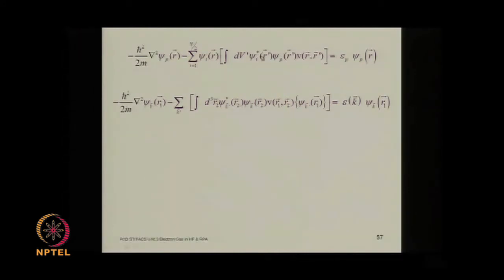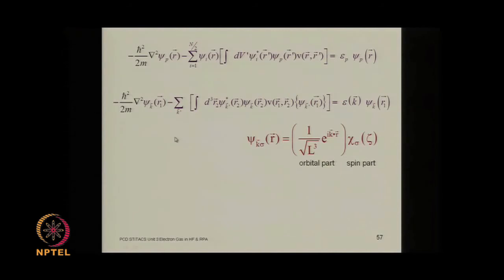It is essentially the same expression, but written in terms of k. And there is a psi here, there is a psi here, there is a Coulomb interaction here, and there is a psi here, and each of these are plane wave solutions which are box normalized. These are e to the i k dot r. They are not atomic orbitals anymore, these are plane waves which are box normalized.